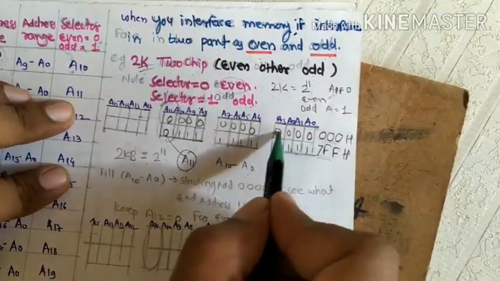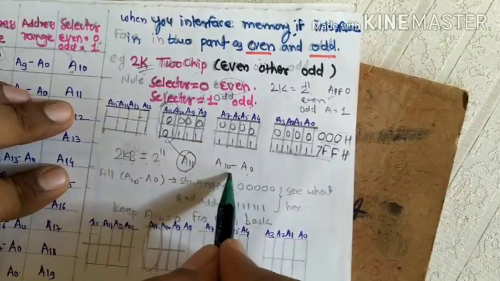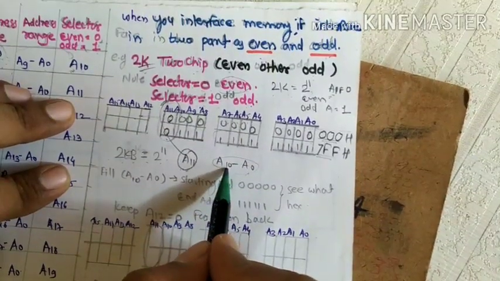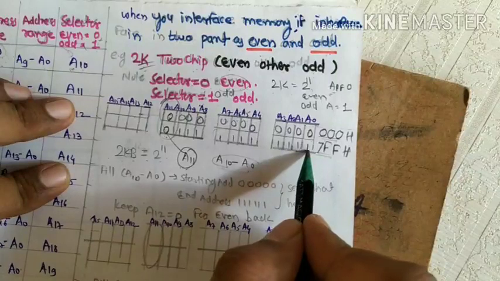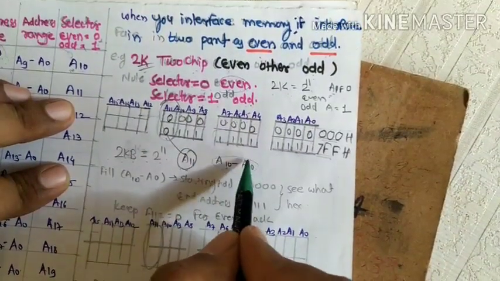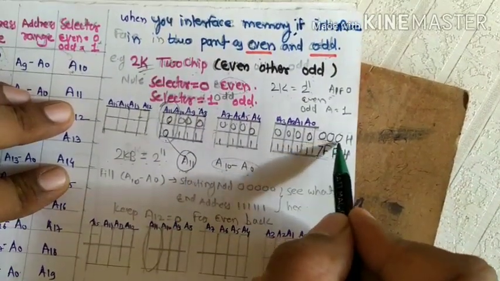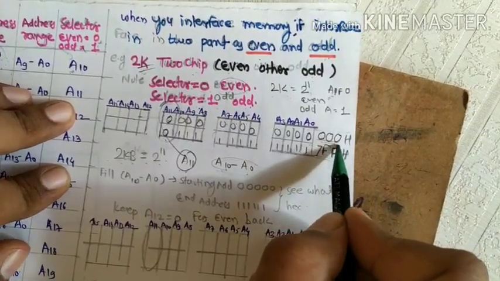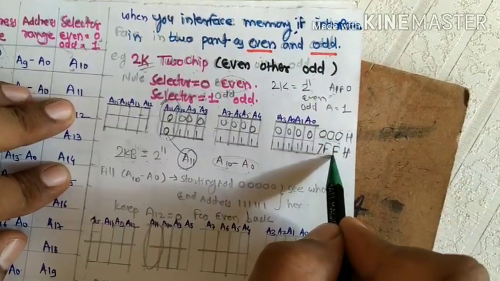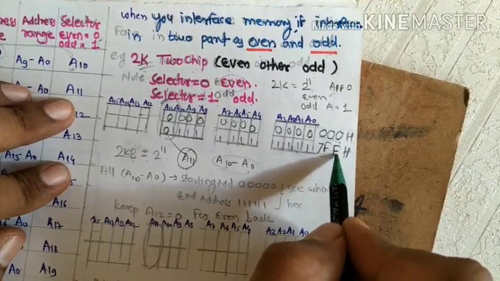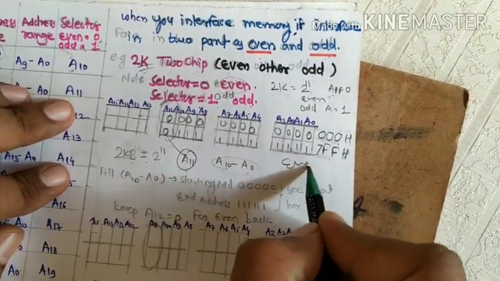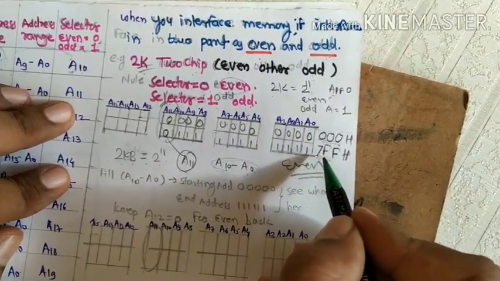For the starting address, put all zeros in your address range, and for the ending address put ones in your addressing range. So according to this, we find the starting address 000H and 7FFH is for even. I repeat, this is for even.